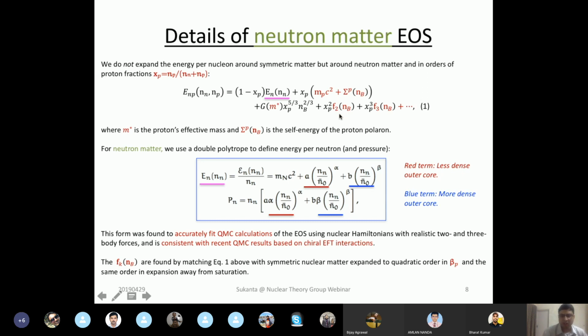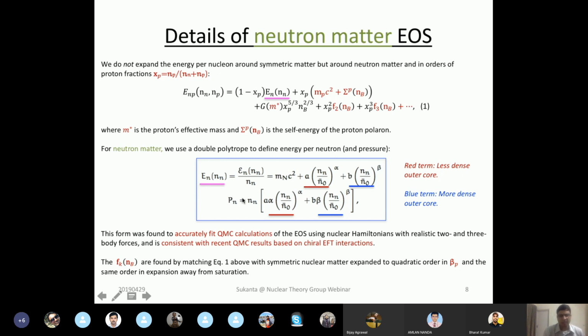So this is what I meant from that last bullet on the previous slide. But for neutron matter itself, underlined in this magenta color, we adopt this double polytrope shown in the blue box here.